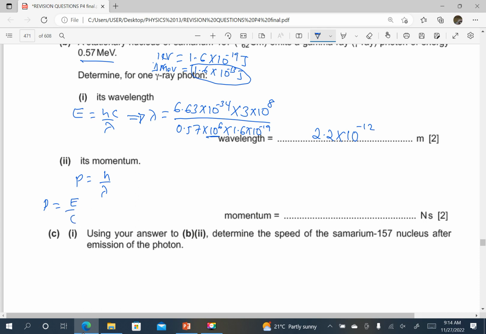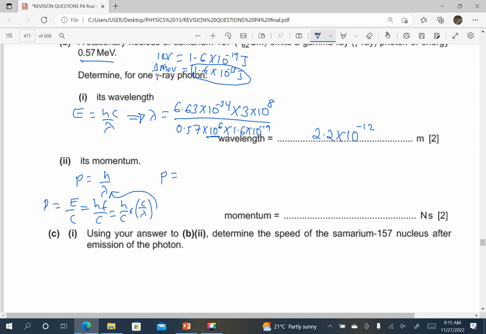Albert Einstein had already established that the momentum of a photon is related to its energy by that equation, or the momentum can now be h over lambda, because remember, if it is a photon, its energy is hf, so this will be hf over c, but remember f is c over lambda, so this will be h times c over lambda, divided by c, which takes us back to that. So whichever we use will give us the momentum.